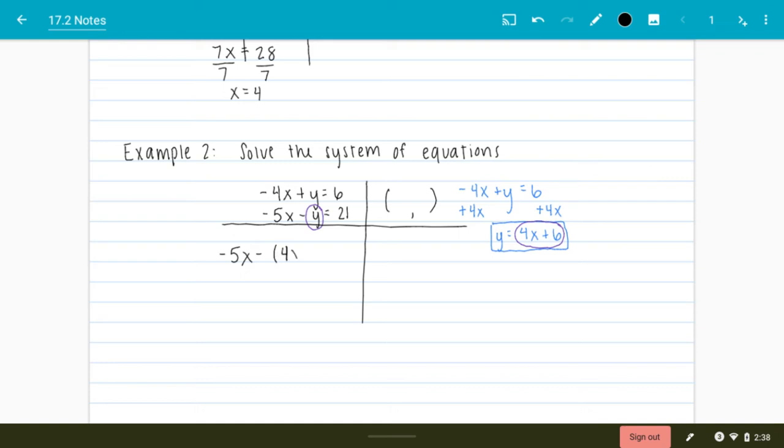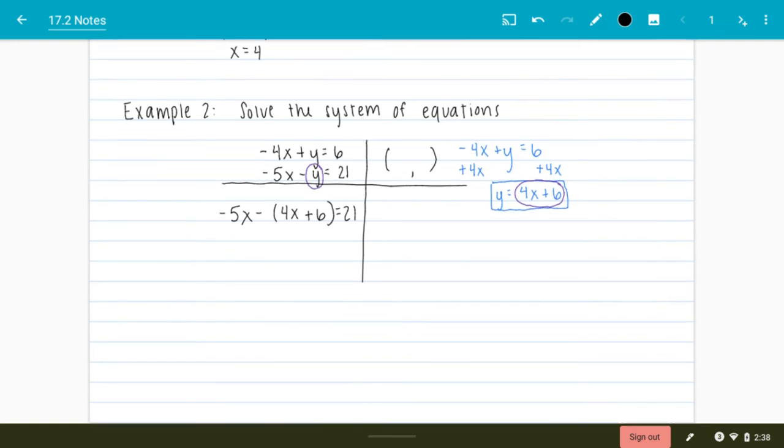So 4x plus 6 is equal to 21. So now I need to simplify and solve for x. And the reason I put that in parentheses is because we're actually going to need to distribute the negative to both the 4x and the 6.